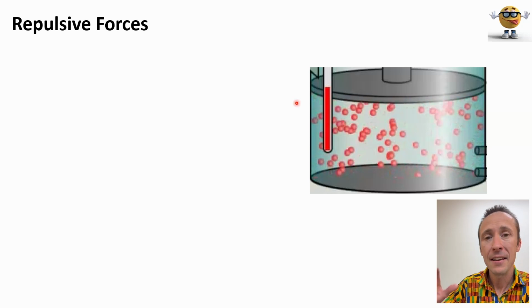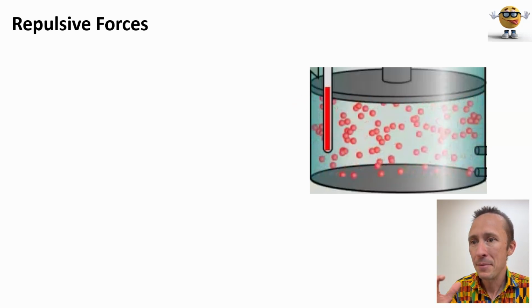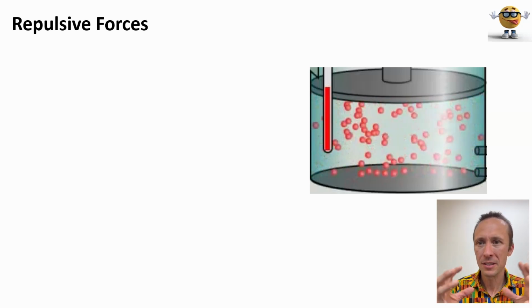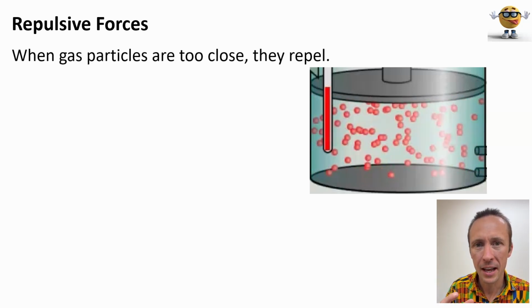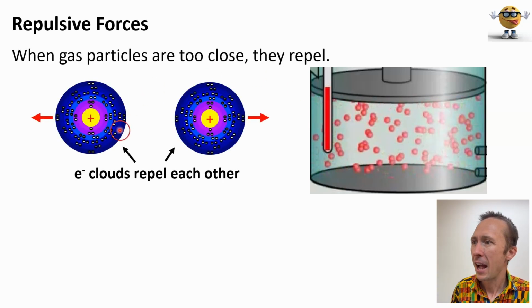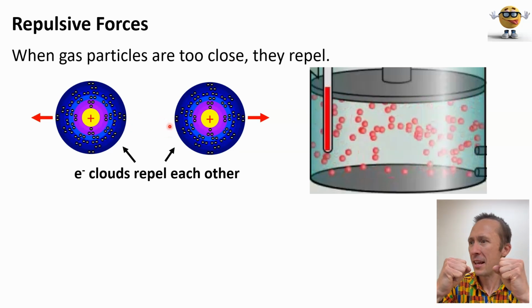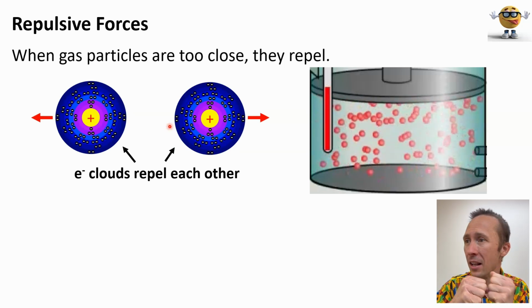Now, if repulsive forces are dominant, that means the particles are really crowded together, say at a really high pressure. And if they're really close together, then they're going to repel each other. You can think of this as the electron clouds and the nuclei repelling each other as well.